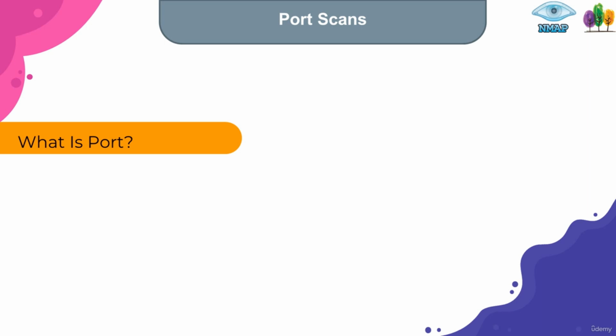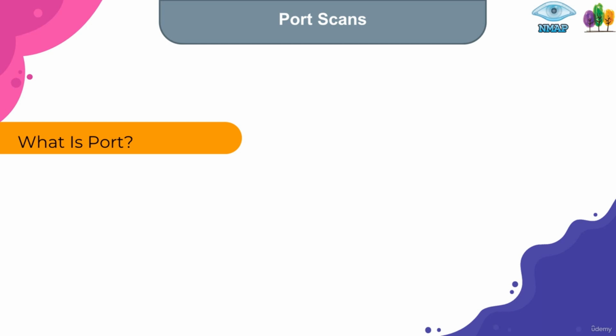The most common protocols that use port numbers are the Transmission Control Protocol, TCP, and the User Datagram Protocol, UDP. Now, the port number is always associated with a host IP address and its communication protocol type.